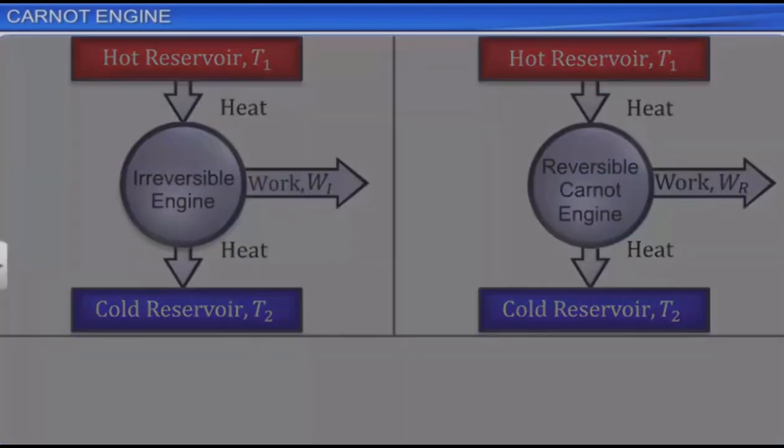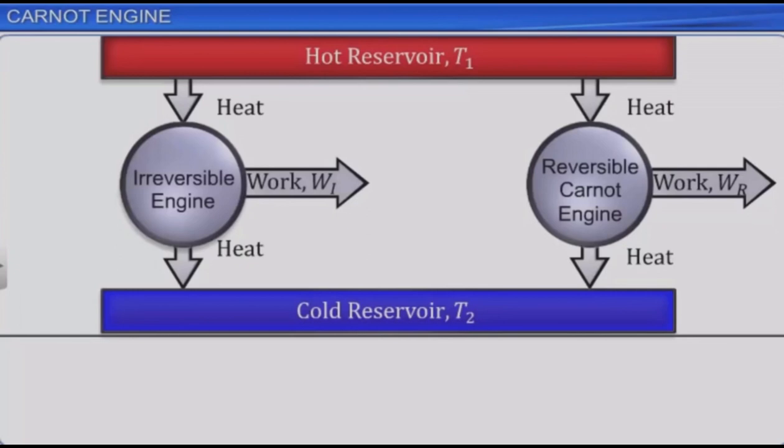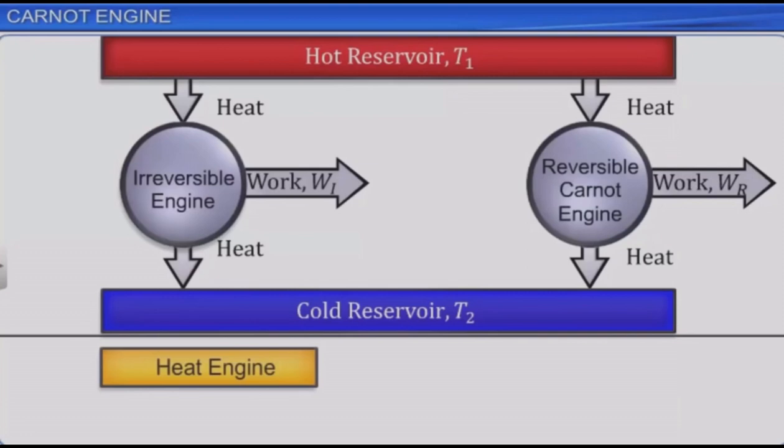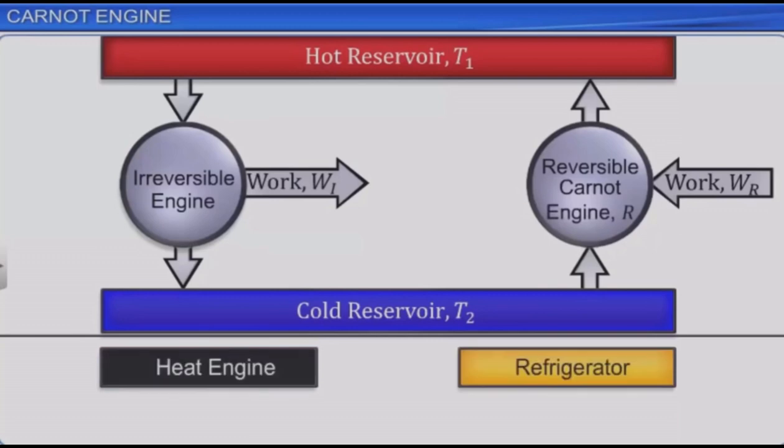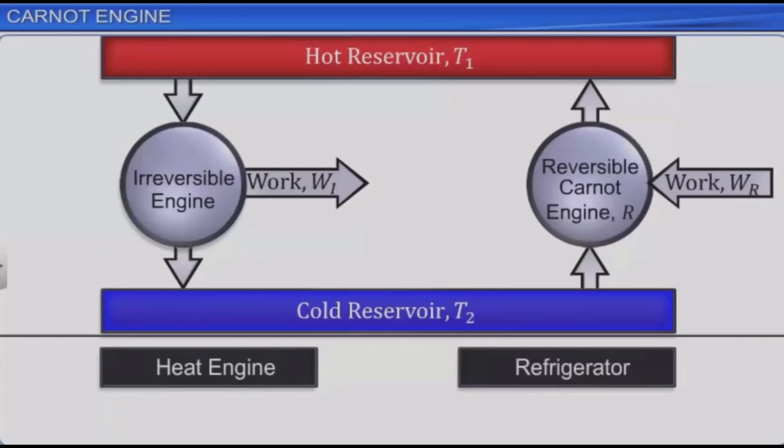Now, let us couple both the engines, such that the irreversible engine I works as a heat engine, and the Carnot engine R works as a refrigerator. Since the Carnot engine is working as a refrigerator, Wr is the work done on the system. Let us assume that the heat engine receives heat Q1 from the hot reservoir and returns some heat Q1 minus Wi to the cold reservoir.